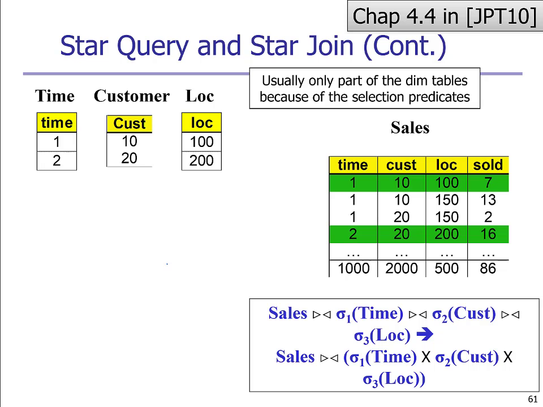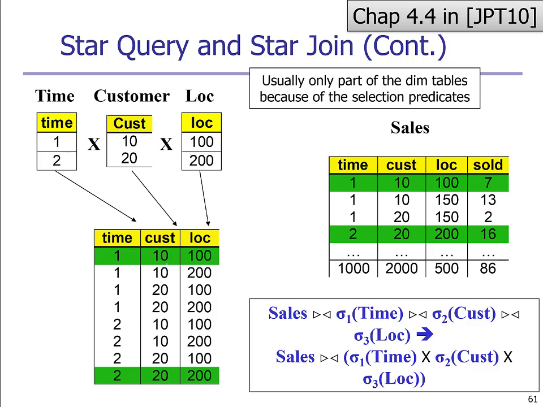Therefore, in order to do this, we proposed this star join idea. It's actually not a regular join; it's a cross join, if you know what it is. Essentially, it is the Cartesian product of these three dimension tables. We also only need to perform the cross join on part of the dimension tables, because we have those selection conditions, or selection predicates, here.